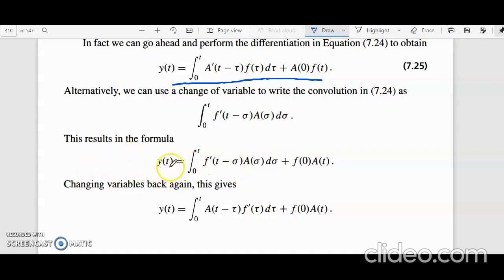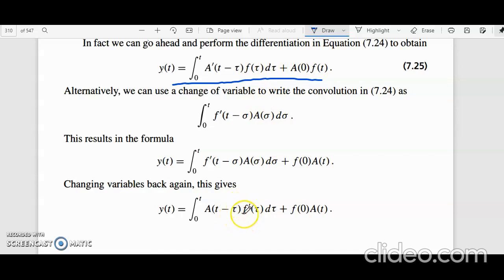So in that way you will get the result as y of t equal to integral 0 to t f dash of t minus sigma a of sigma d sigma plus f of 0 into a of t. So you are simply replacing a by f.